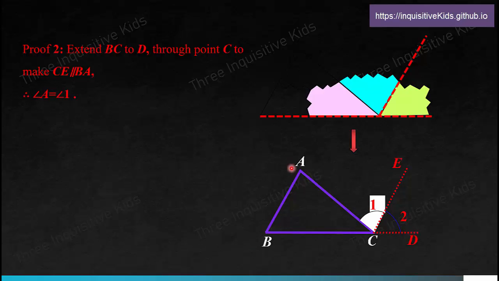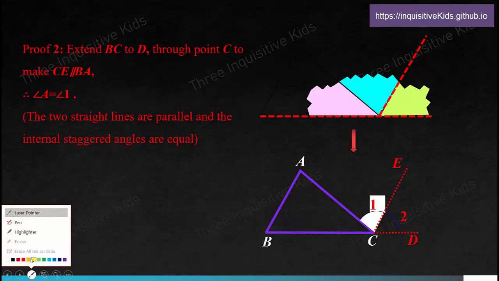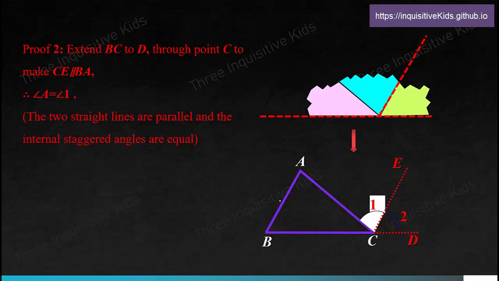Angle A is equal to angle 1 here. The two straight lines are parallel because AB is parallel with CE, so it means that these two angles right here are equal because they are internal staggered angles. And angle B is equal to angle 2.